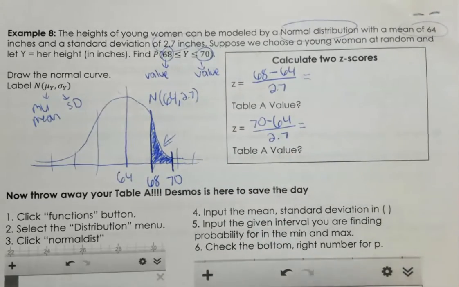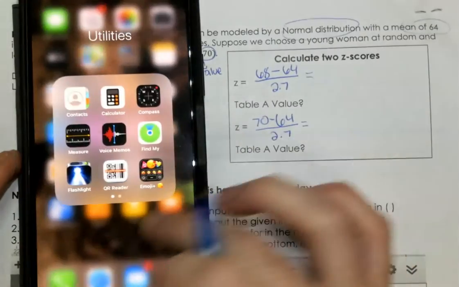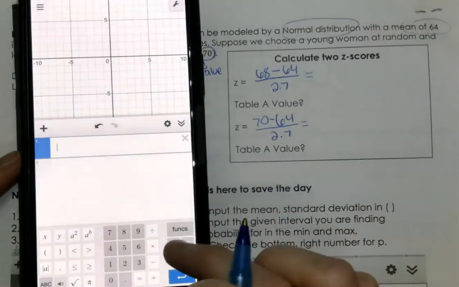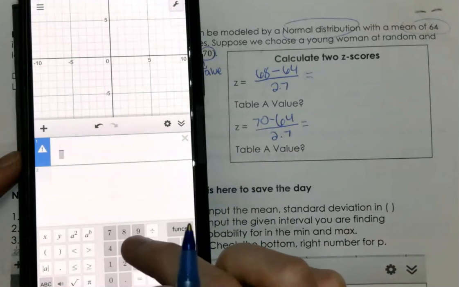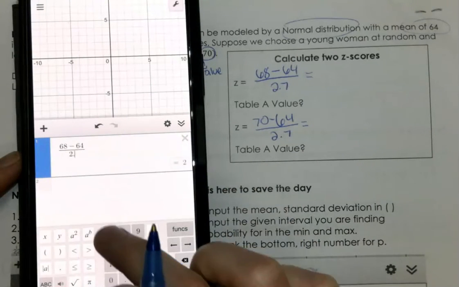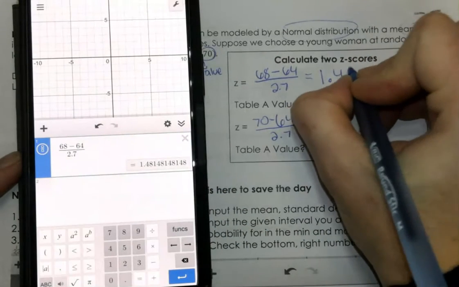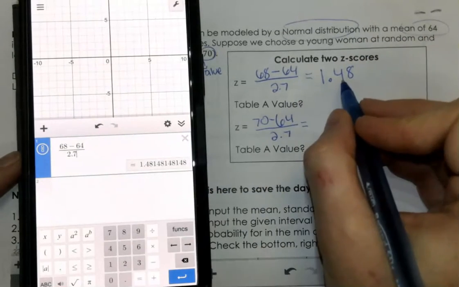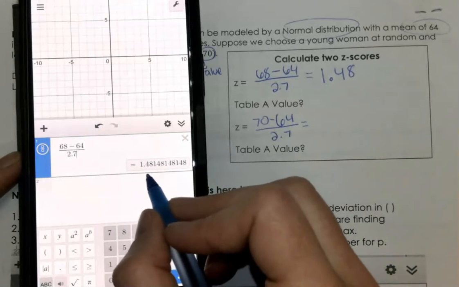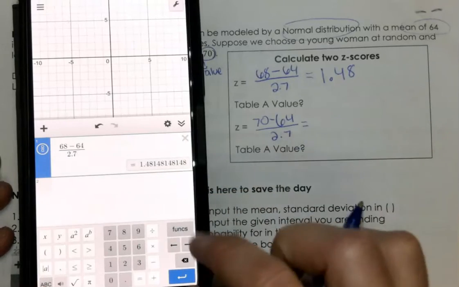I'm going to go ahead and calculate these, and then I'm going to look them up in table A. So putting them in, I've got 68 minus 64 divided by 2.7, and I get 1.48. I'm going to round to 2 decimal places because that's what table A does, and this number makes sense because it's between -3 and 3, which is our typical z-score.